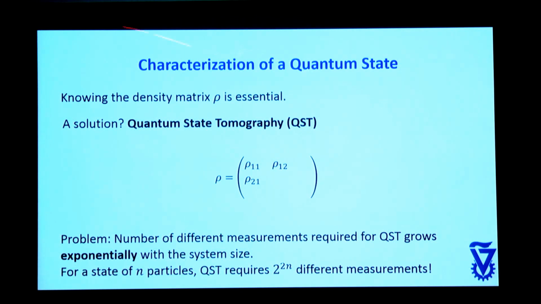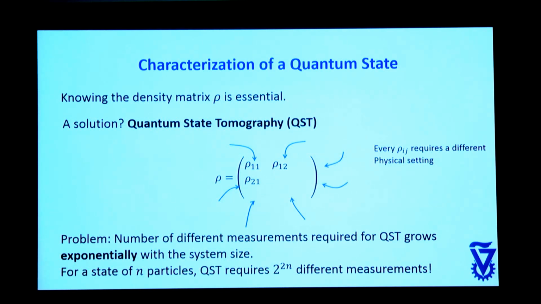OK, so now that we've established that knowing the quantum state is essential, how do we do it? The common approach would be to perform what we call quantum state tomography, which is a measurement scheme in which you measure the elements of the density matrix. For example, you measure this and that and that and all of the elements of the density matrix, and you have a different physical setting for each different measurement here.